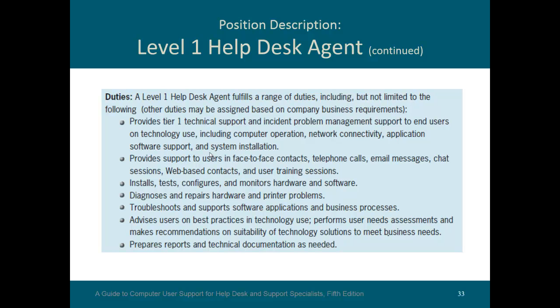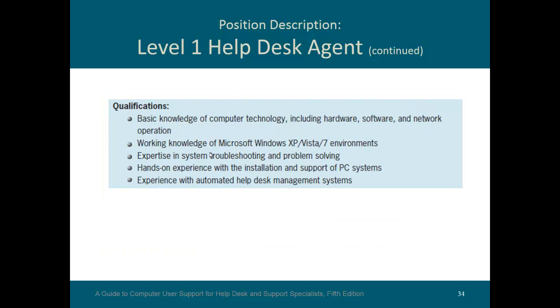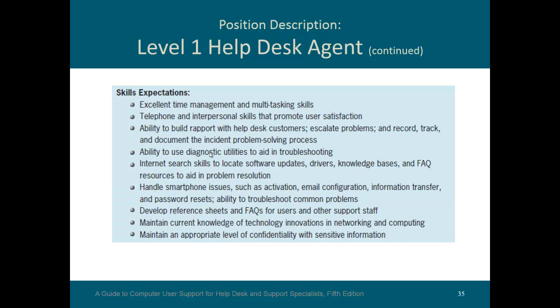But when you look at what they want from a level 1 person: provides tier 1 tech support, provides support for users and face-to-face contacts, installs and tests hardware and software, diagnoses and repairs, troubleshoots, advises users on best practices, prepares reports and technical documentation. It's actually a lot of stuff. Then you'll see the qualifications. We want 3 years of this and 2 years of that and this degree and blah, blah, blah. You get the idea.